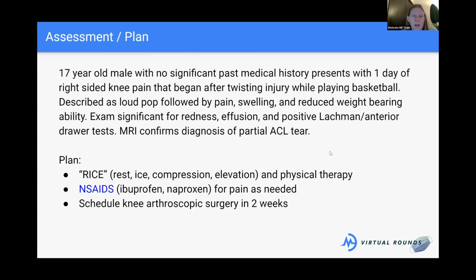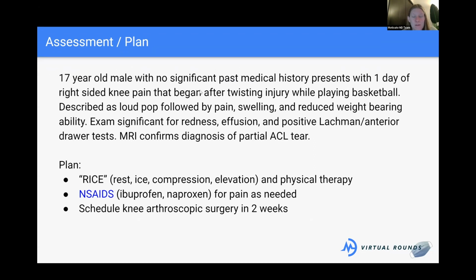All right, so for our assessment and plan, we have a 17-year-old male with no significant past medical history who's presenting with 1 day of right-sided knee pain that began after a twisting injury while playing basketball. He described it as a loud pop followed by pain, swelling, and reduced weight-bearing ability. Exam was significant for redness, effusion, and a positive Lachman and anterior drawer test.